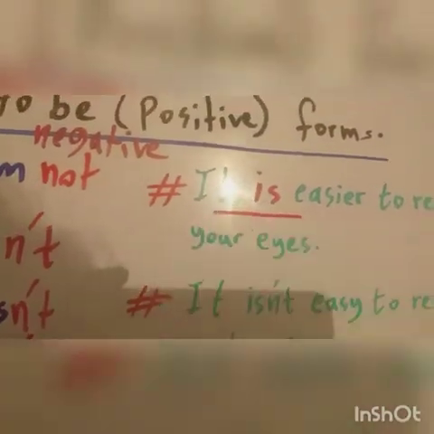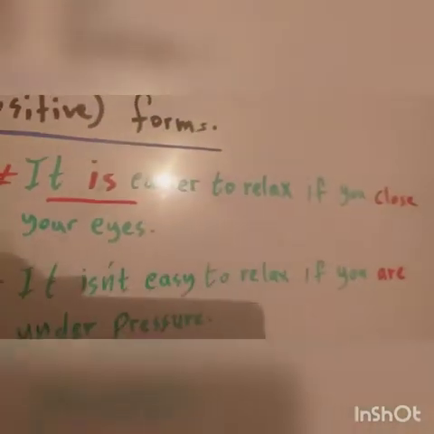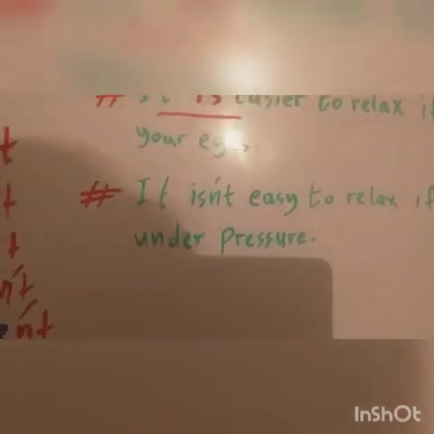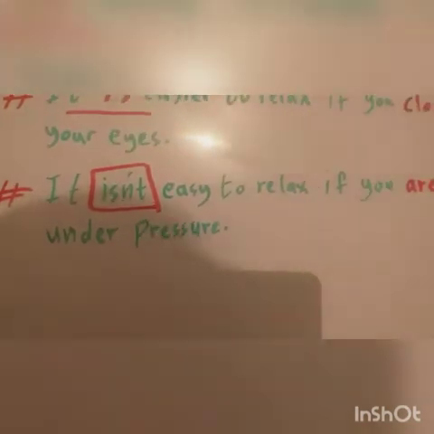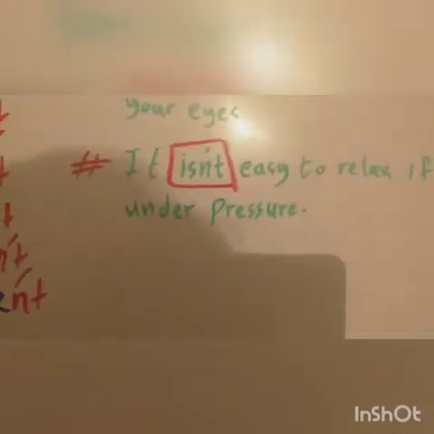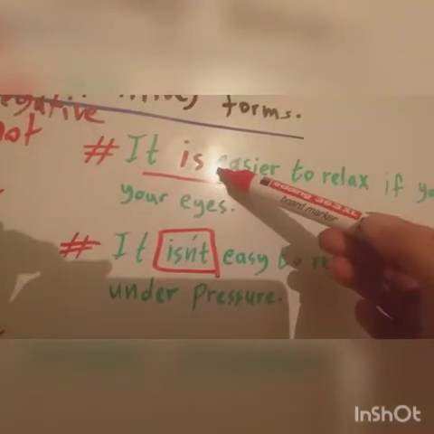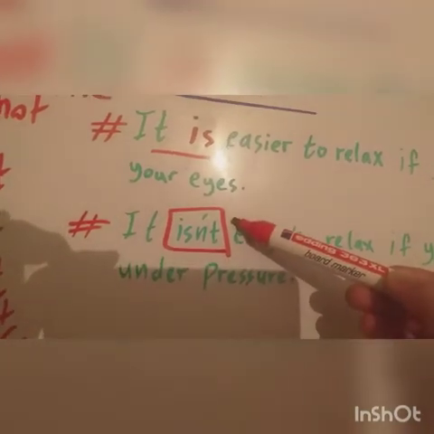Look at the verb to be in the present simple. The second example, it isn't easy to relax if you are under pressure. Here are two examples, one in the positive and the other in the negative form.